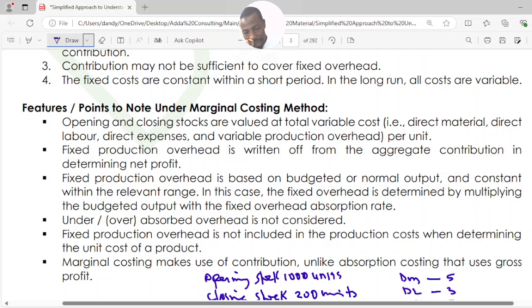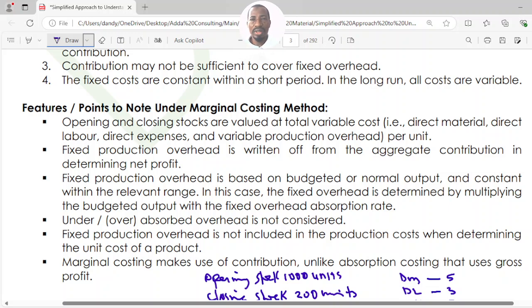Then the next point is that fixed production overhead is based on the budgeted output, all right? And it is constant within the relevant range. In this case, the fixed overhead is determined by multiplying the budgeted output with the fixed overhead absorption rate. Because we are saying that fixed production overhead is not part of production cost, since it is going to be constant, it must be based on the budgeted output.